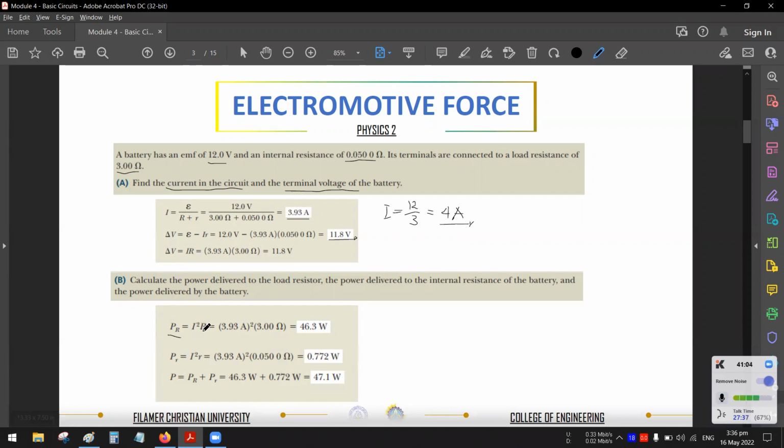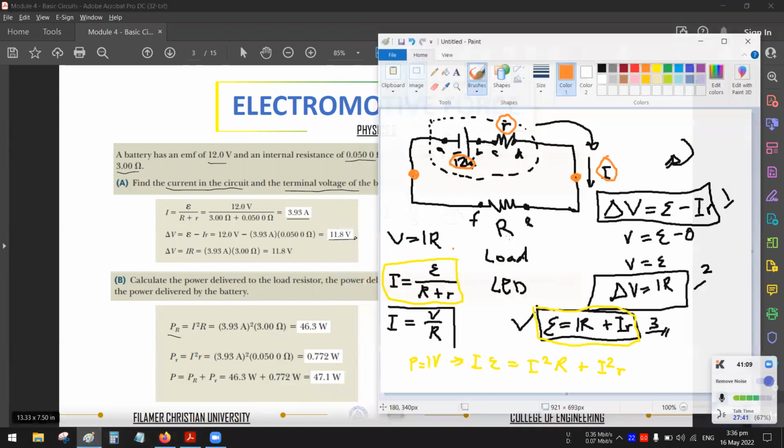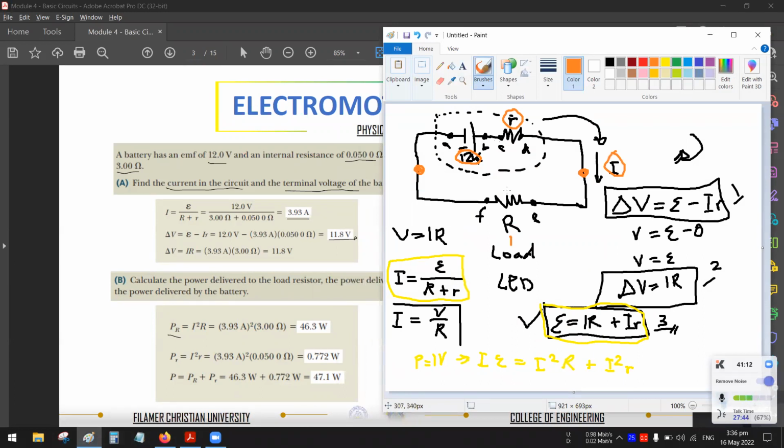So that is current, diba? So titingnan natin dito. So kukunin natin yung power dito sa resistive load. Okay? Power dito sa internal resistance natin. And then, yung total power niya mismo. Okay? So we know that power is just equal to the current times the voltage.